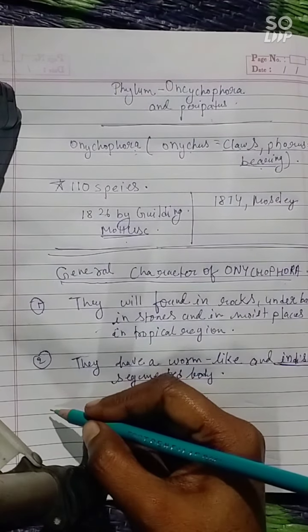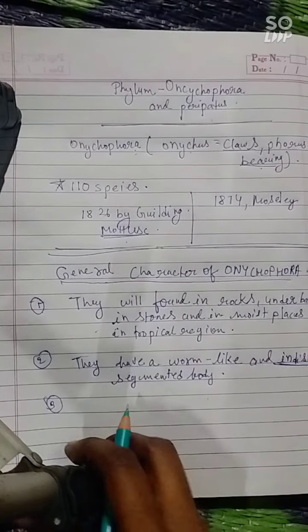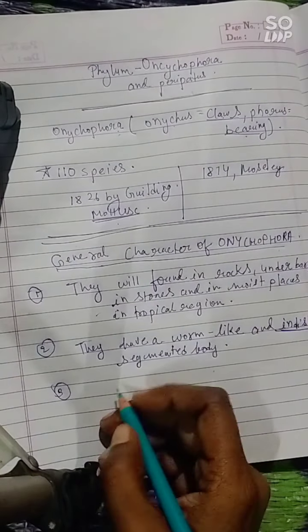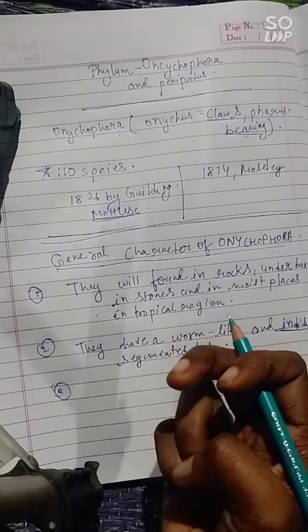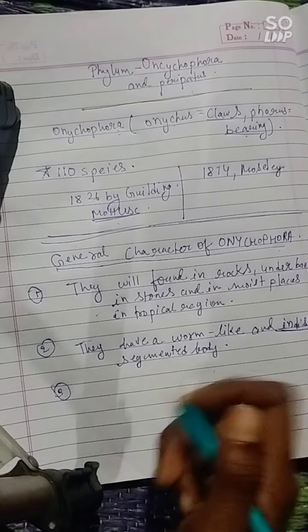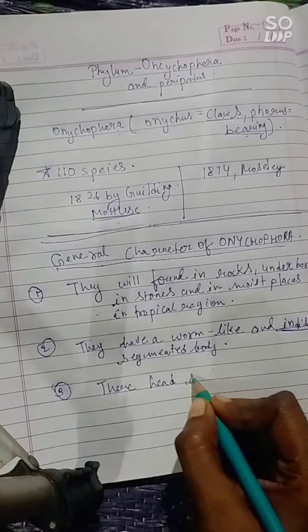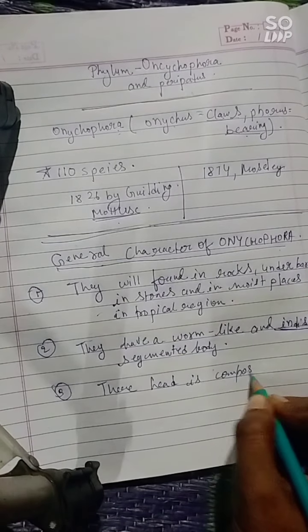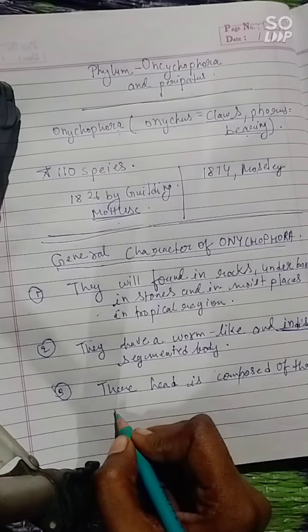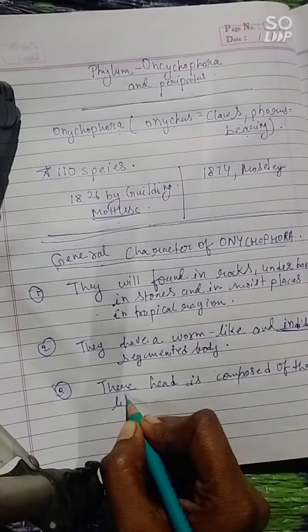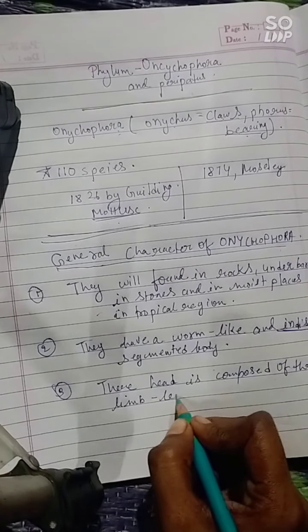The third point is their head is composed of three limb-bearing somites. Limb means leg.